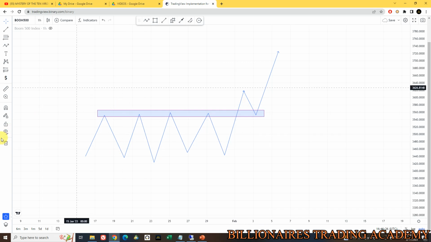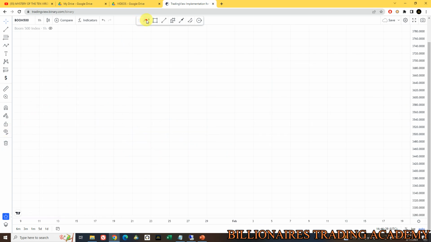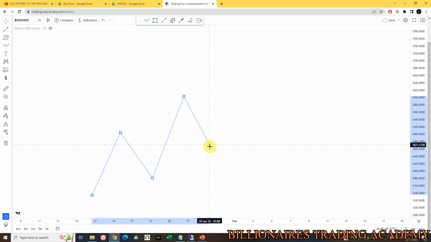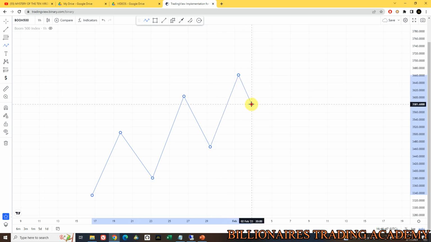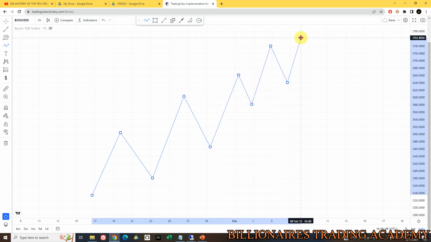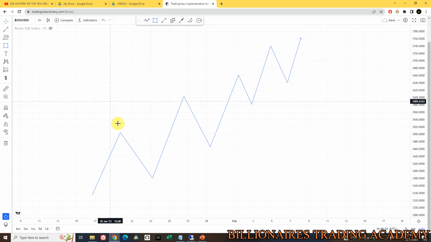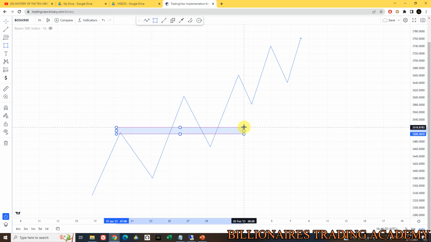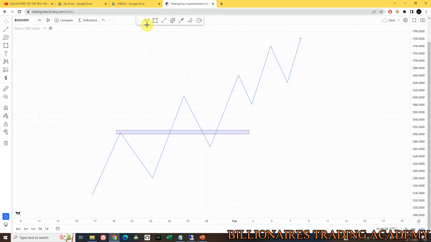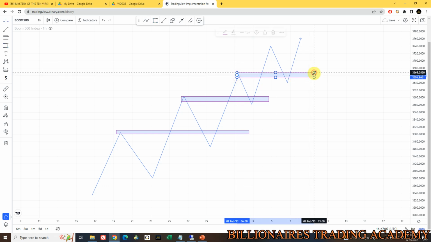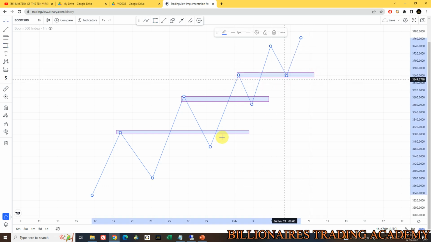Now sometimes support and resistance isn't always there sideways. Sometimes it will be going up like this when you have an uptrend. Equally, this is a level of resistance. Now, for the sake of this class, let me just do this.